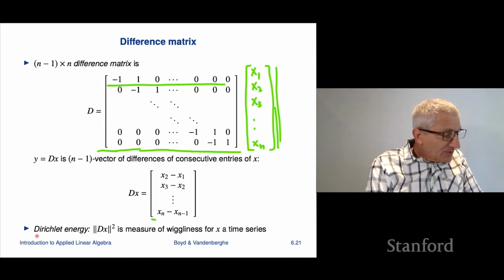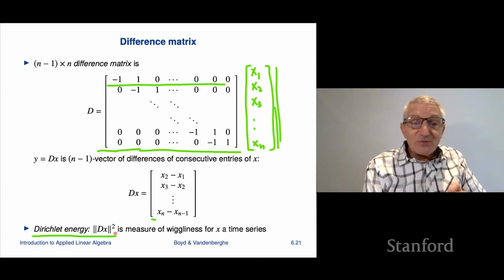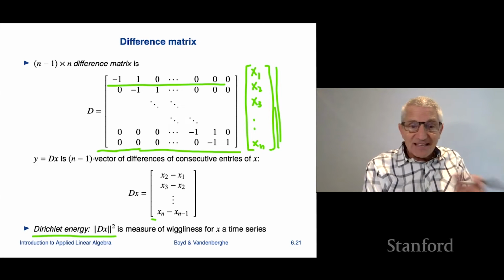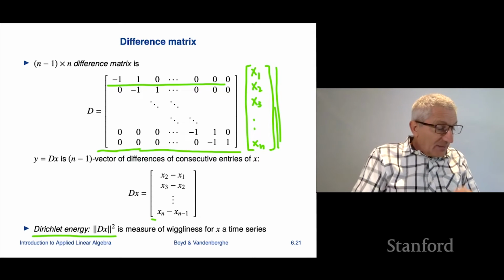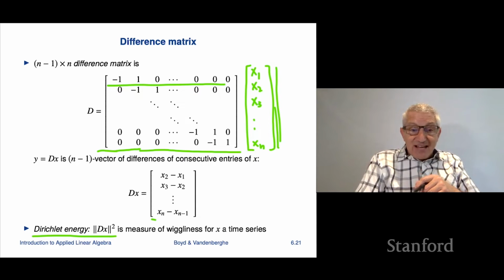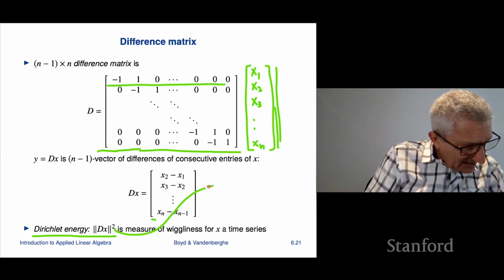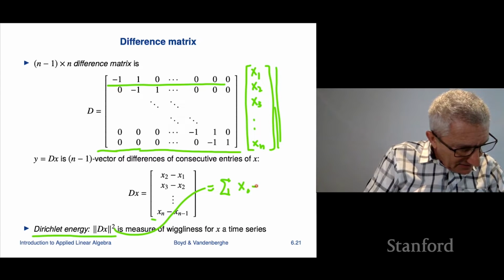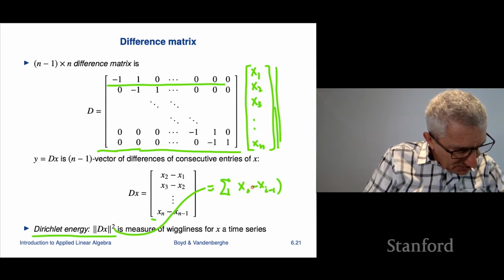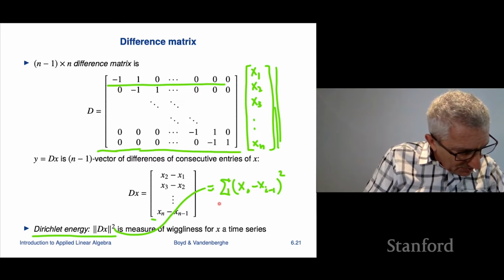So here's something that comes from that. It's a beautiful thing. It's the norm squared of dx, and that's called the Dirichlet energy. Dirichlet was a mathematician, and it's a measure of the wiggliness of x if x is a time series, because you know what this thing is? This is exactly equal to the sum of xi minus xi minus 1 squared, and the sum goes from i equals 2 to n.